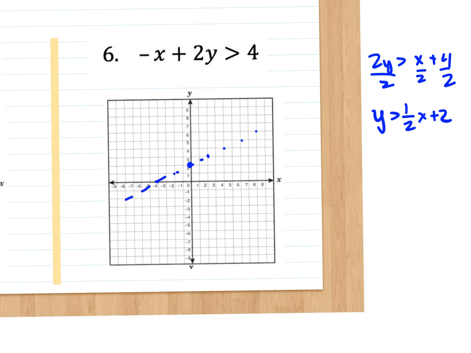And this is a dotted line because it's just greater than. Again, I'm going to test 0, 0 because 0, 0 is the easiest thing to test. So negative 0 plus 2 times 0, is that greater than 4? Is 0 greater than 4? That is false. Shade away.